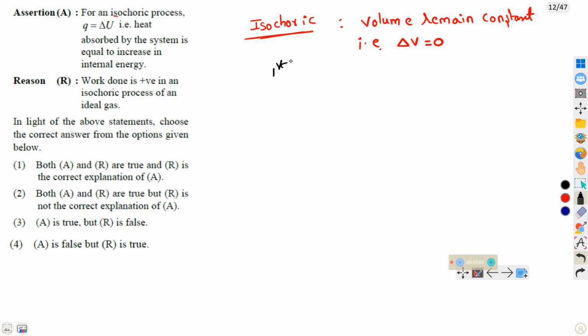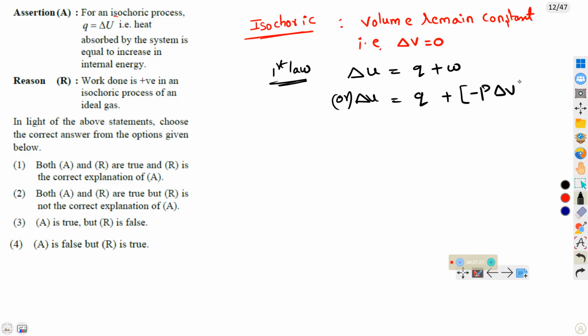According to the first law of thermodynamics, delta U is equal to Q plus W, or it can be written as delta U is equal to Q plus or minus P delta V. Delta V is equal to 0, so delta U is equal to Q. So statement 1 is correct.